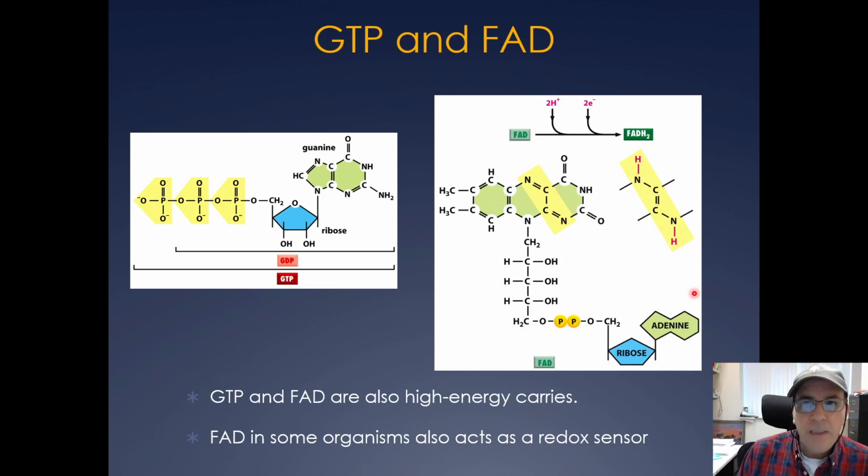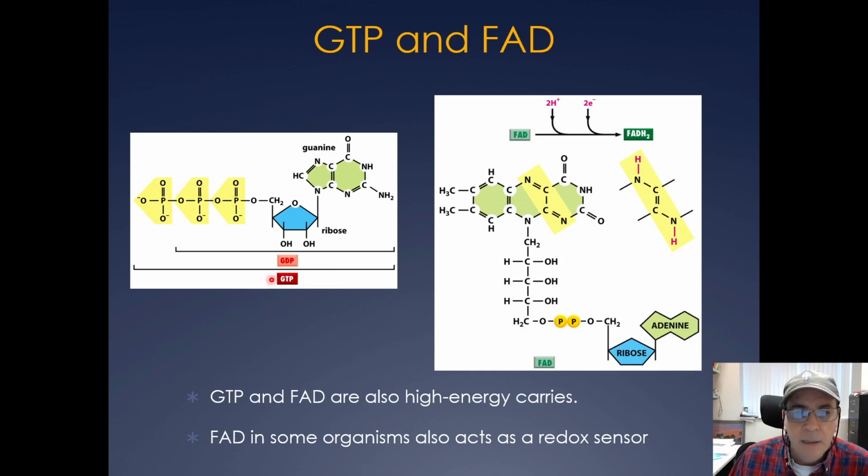Just a note on GTP and FAD. GTP is very similar to ATP, but instead of adenine you have guanine, and you have your GTP with the alpha, beta, and gamma phosphate, just like with ATP.